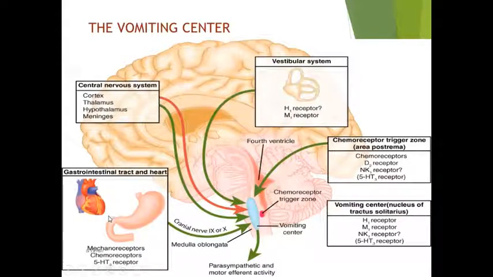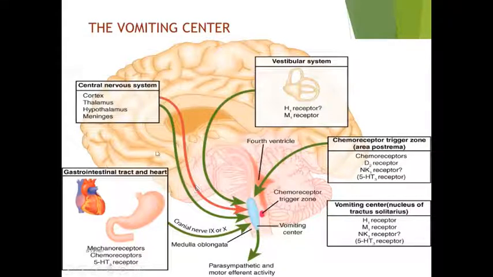They can generate sensory information via the cranial nerves, especially the glossopharyngeal and the vagus nerve. The glossopharyngeal is cranial nerve number 9, the vagus nerve is cranial nerve number 10. Via these cranial nerves, the sensory information will be transmitted to the vomiting center.